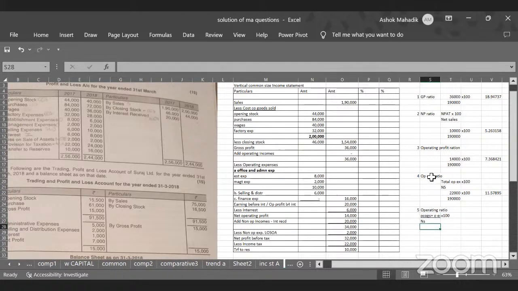So COGS is how much? 1,54,000, right? Plus operating expenses were 22,000 upon net sales 1,90,000 into 100. Okay.